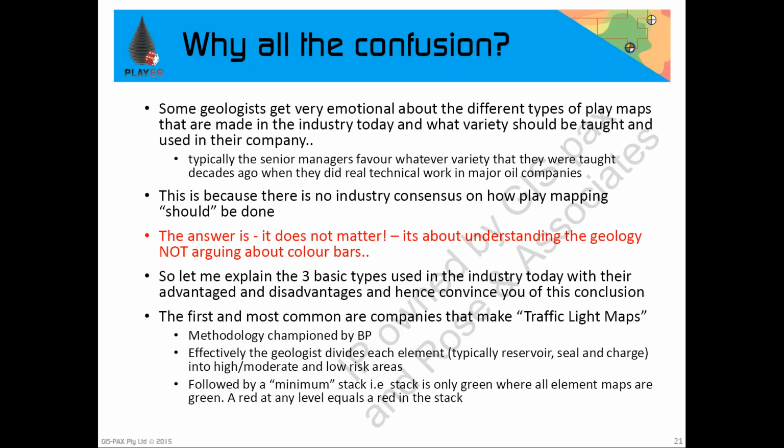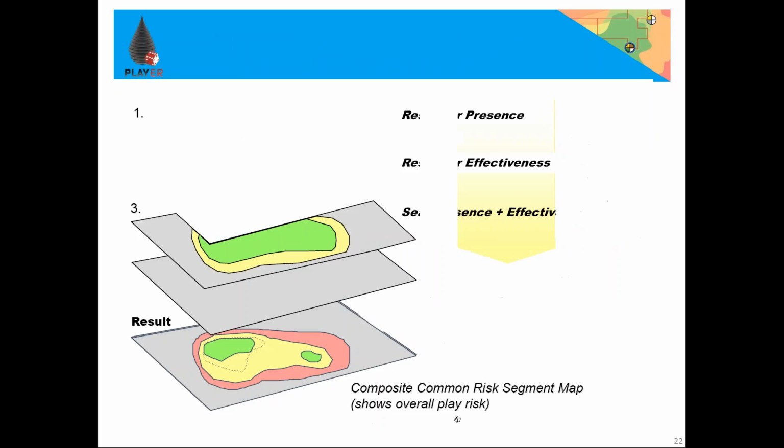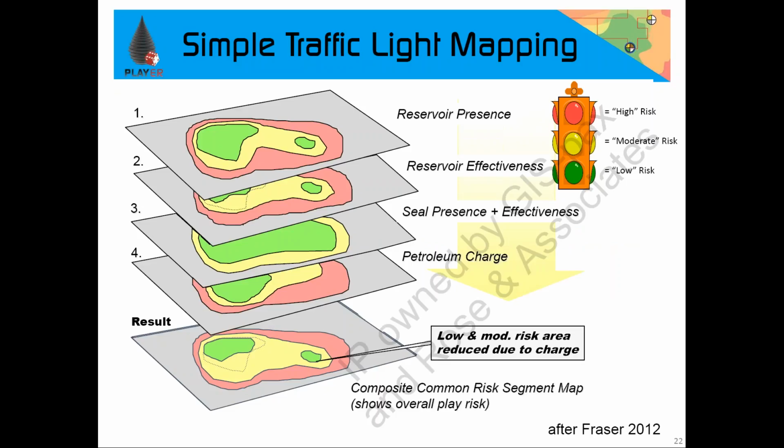So let me talk you through the 3 different types, and the most popular one, and the one that I see the most, is traffic light maps. This is a BP methodology where the different risk elements, or chance elements, if you want to be specific, typically reservoir, seal and charge, each evaluation is separated into good, medium and bad, which is obviously green, orange and red.